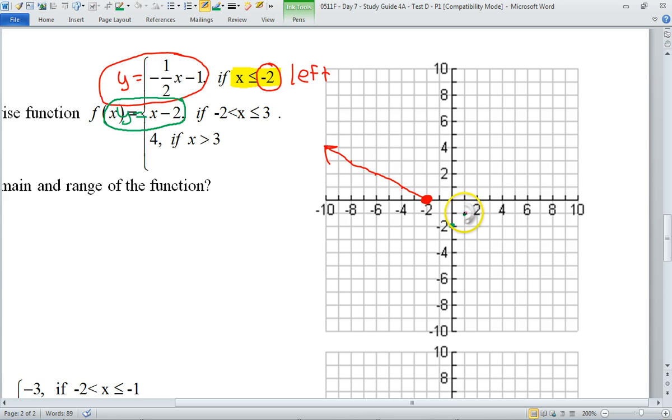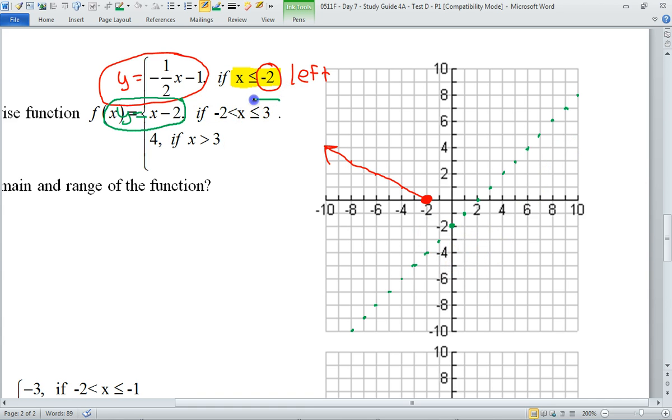So I'm just going to go up 1, right 1. Always go to the right. Okay, so I've got that.